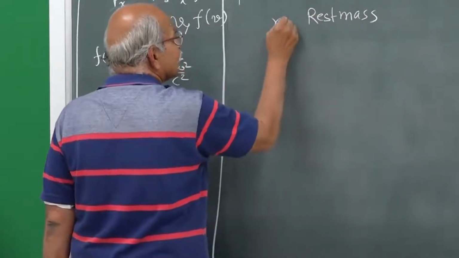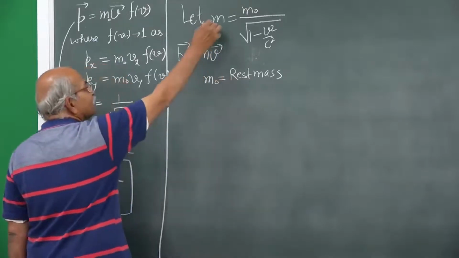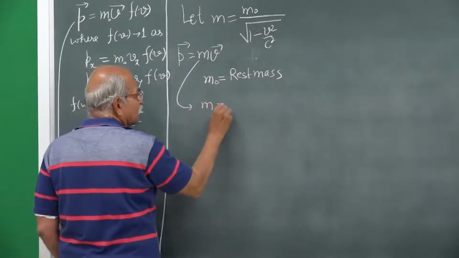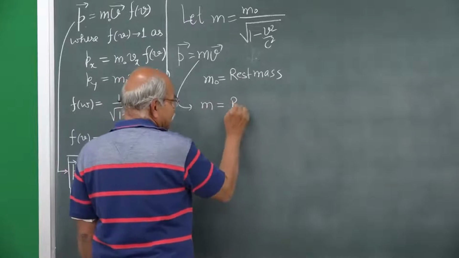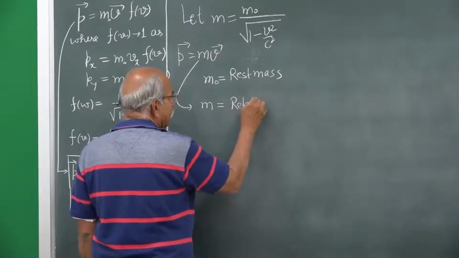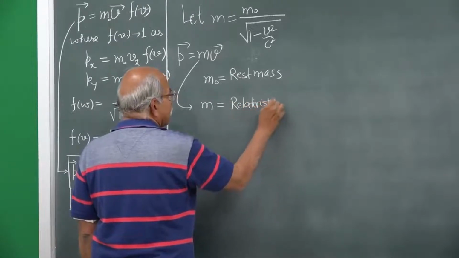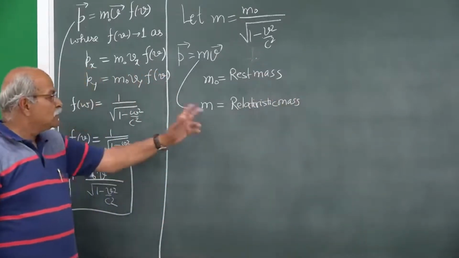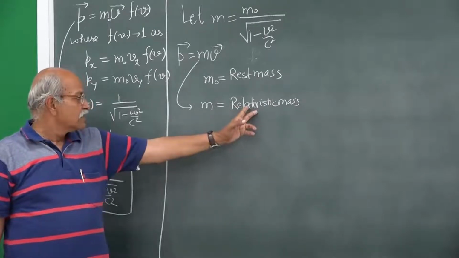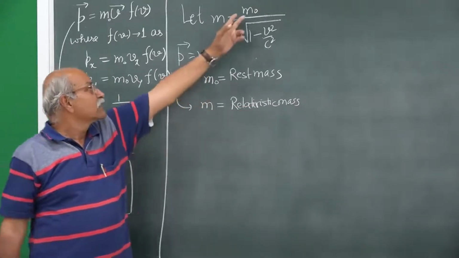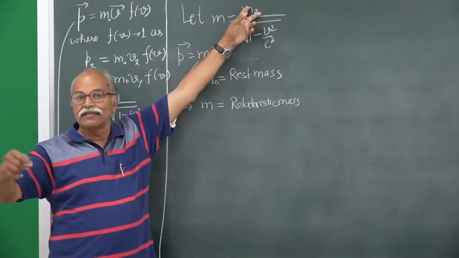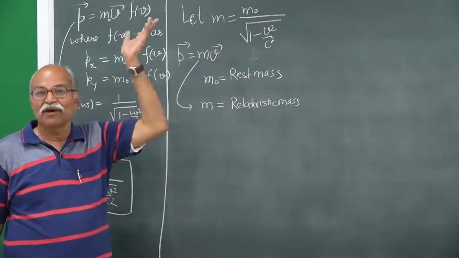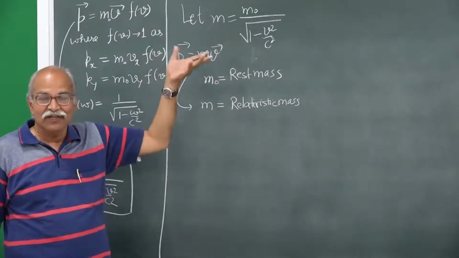M naught is called the rest mass of the particle, and this m, which is defined this way, is called just relativistic mass. If you use this word relativistic mass and define it as the mass of the particle quoted in the textbooks, the mass of the electron is 9.1 into 10 power minus 31 kg and all that.